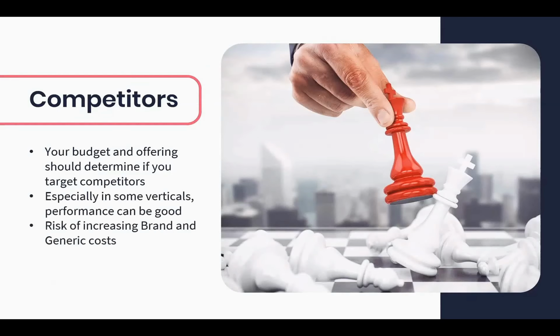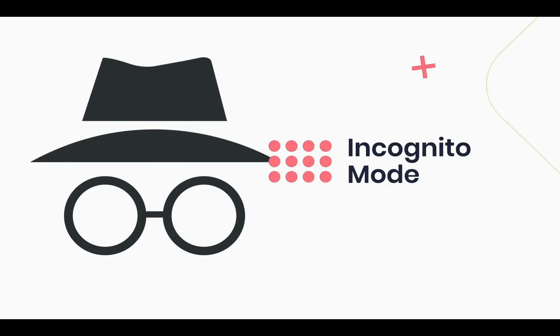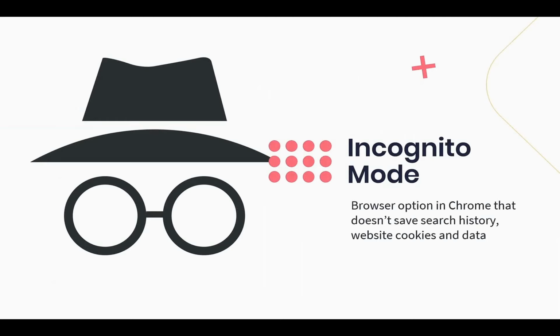If you want to spy on your competitors, so to speak, you should have a look at something called incognito mode, which is a type of browser in Chrome. Why I suggest this is because it doesn't save your search history or your website cookies and your data. So it essentially sees you as a blank slate. There is no record of your specific ad preferences that affect your search history and the search results that you see.